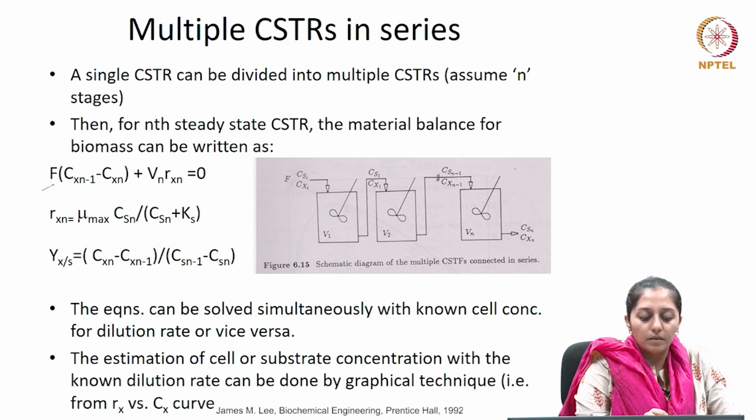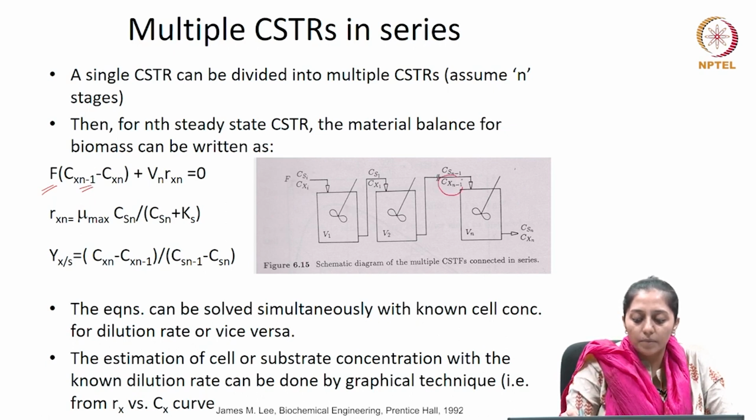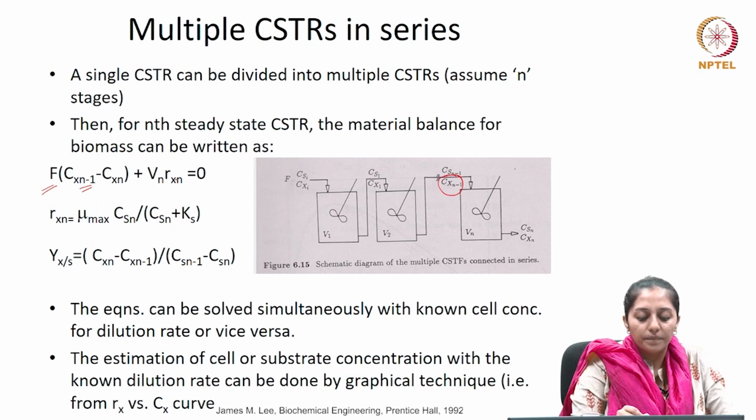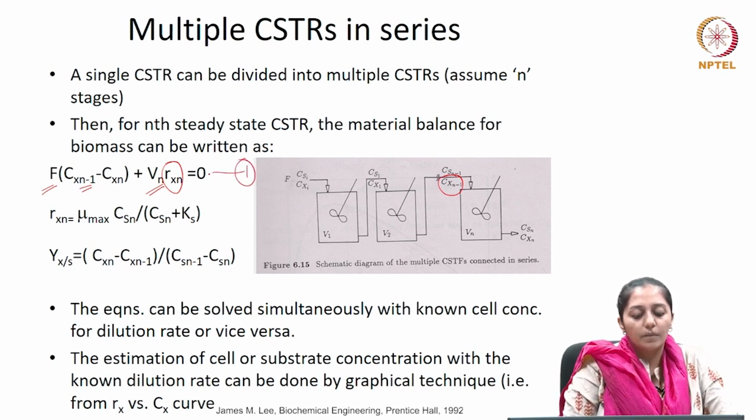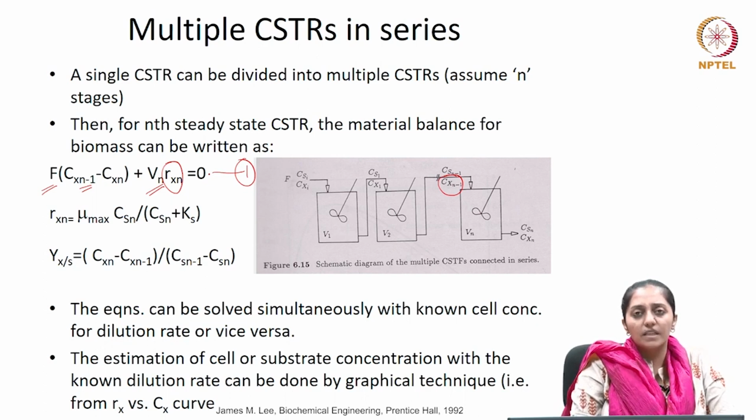If F is the volumetric flow rate and Cxn minus 1 is the inlet biomass to the nth reactor, and Rxn is the reaction rate or the biomass formation rate in the nth reactor, Vn is the volume of the nth reactor, then at steady state the material balance of the biomass can be represented by equation 1, because there is no net accumulation rate happening.